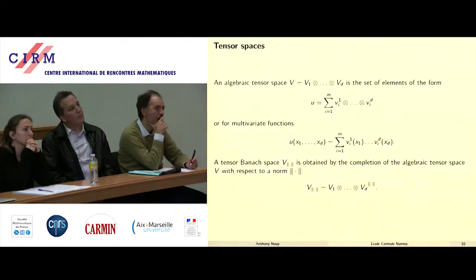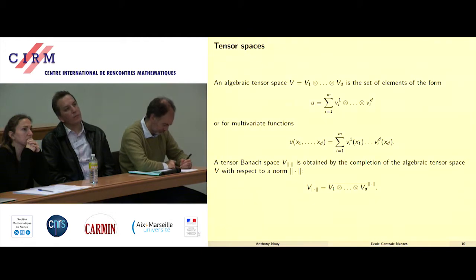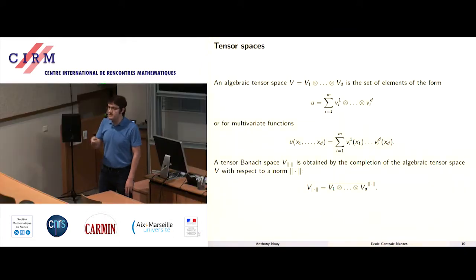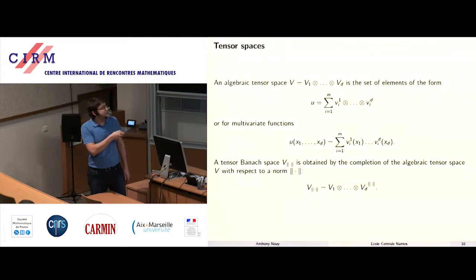So the basic definition is you are given D vector spaces, and you define the algebraic tensor product space of these spaces as a set of elements that can be written as a finite sum of elementary tensor products of vectors in these different spaces.